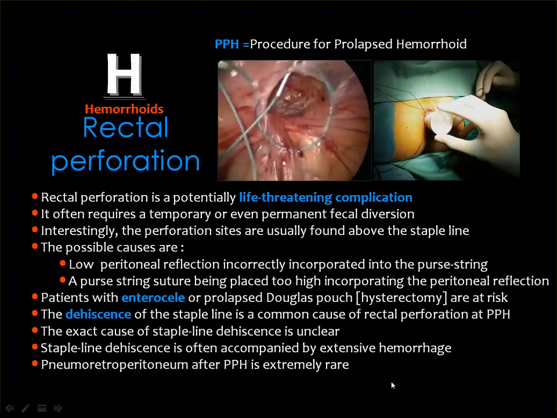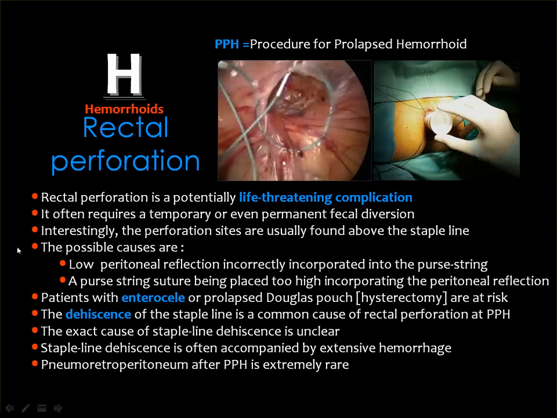Then one of the serious complications, or even a life-threatening complication, is rectal perforation. And rectal perforation may require temporary or even permanent colostomy. The perforation is usually above the staple line of the hemorrhoid surgery.